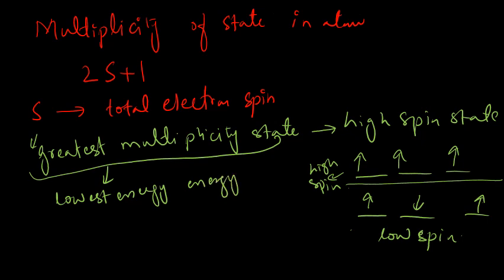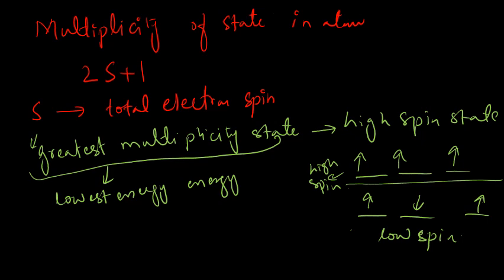Because it has the tendency to fill more electrons in order to stabilize the atom. So high spin state, which has the greatest multiplicity, has the lowest energy. So electrons, according to Hund's rules, will go to these states.